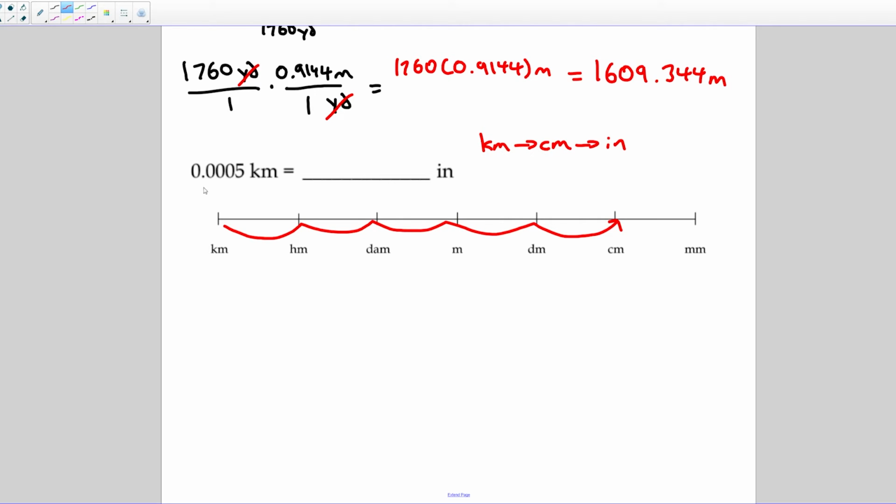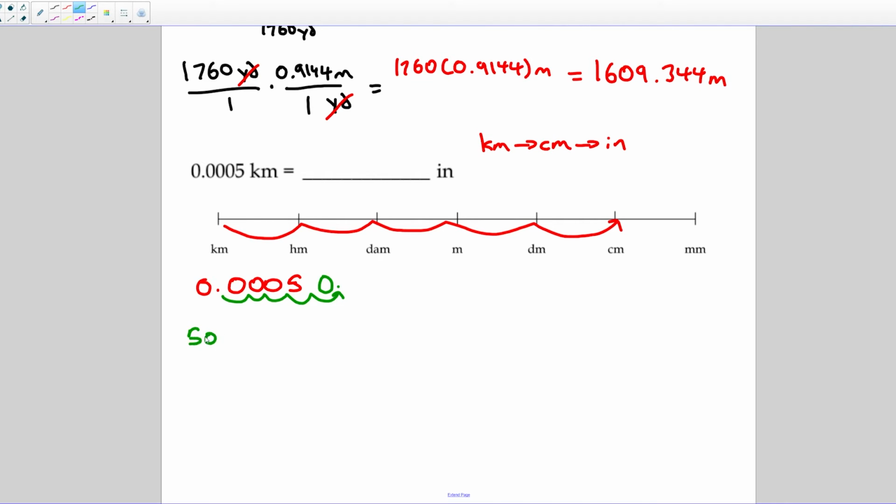So that means that we need to move this decimal point 5 to the right. So if I were to rewrite this out, we have 0.005. We are going to move this 1, 2, 3, 4, and 5. Right there. Since we have space for one more 0, we end up with 50 centimeters.